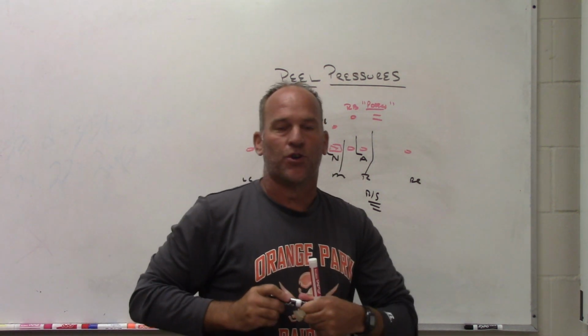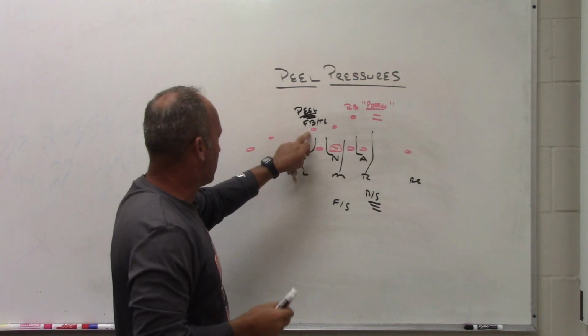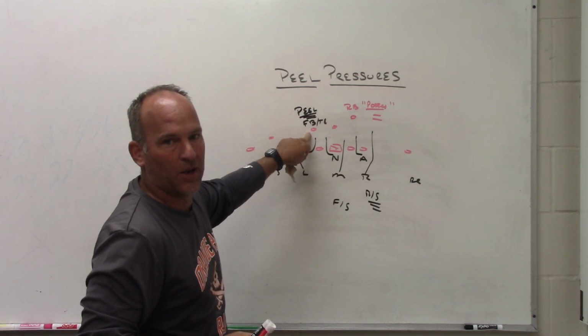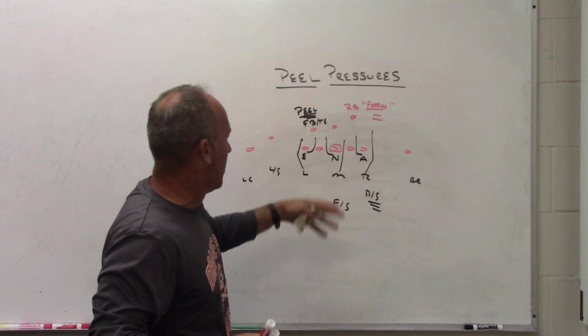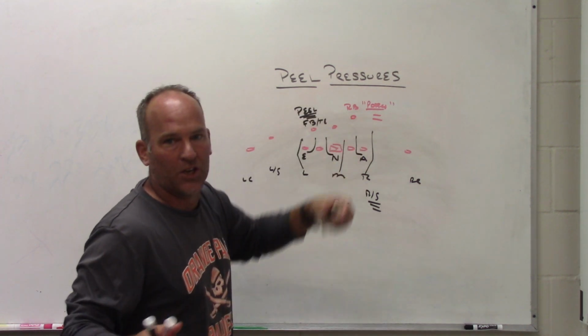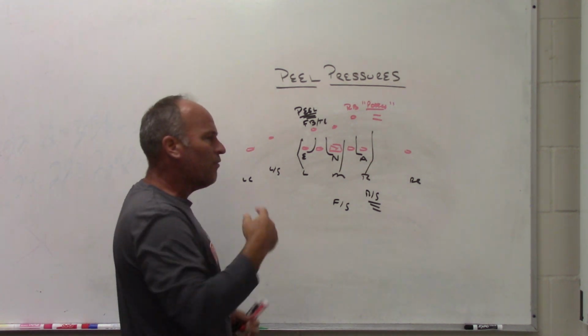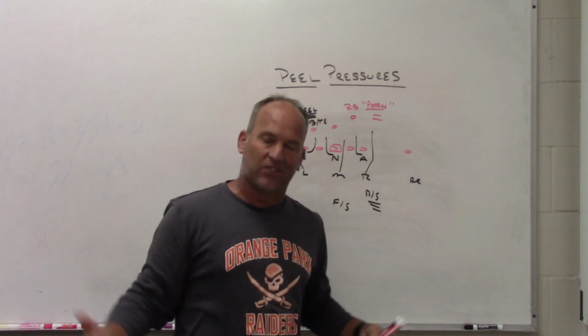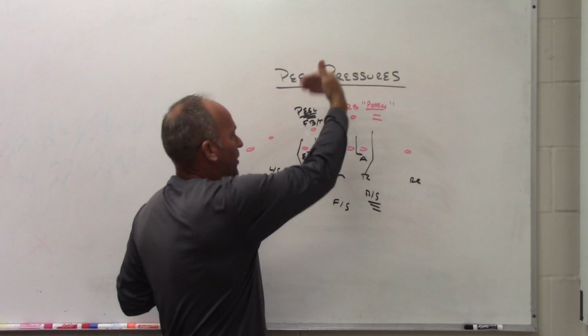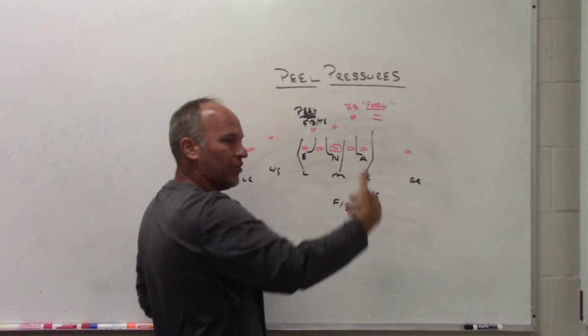Because when you're going through your tendencies and your scouting reports, this guy doesn't catch a lot of passes, they don't release him in a lot of routes, so why don't we peel him and cover the guy that actually releases in more routes? So, from a game plan or a schematic standpoint, you'd probably want to peel the guy that is less likely to release in a two-back set.